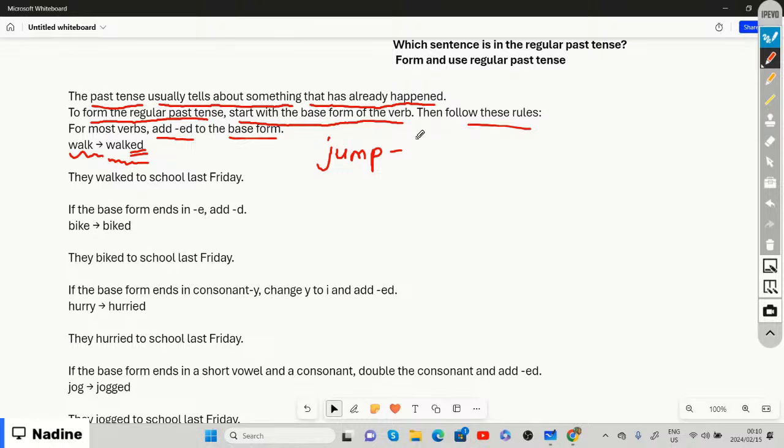So I jump over the fence, but in the past, I jumped over the fence. We just add ed.